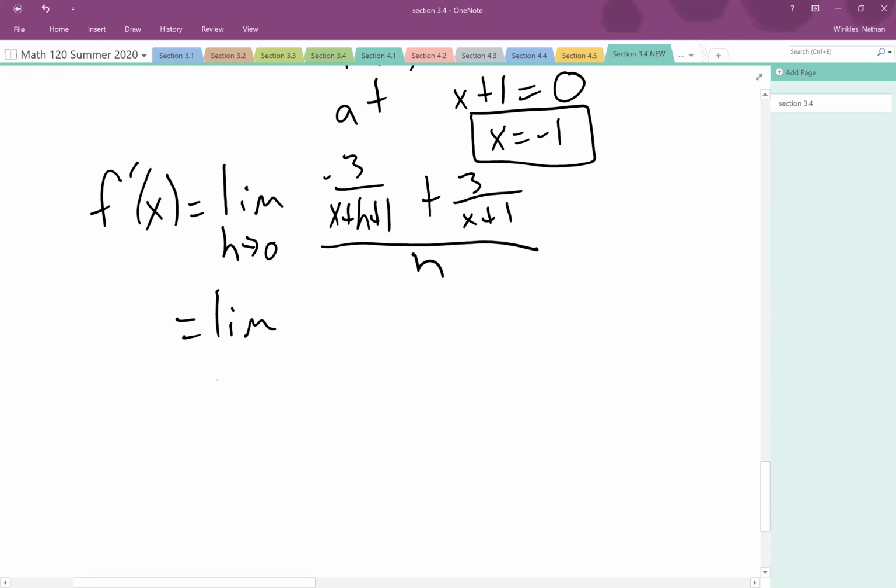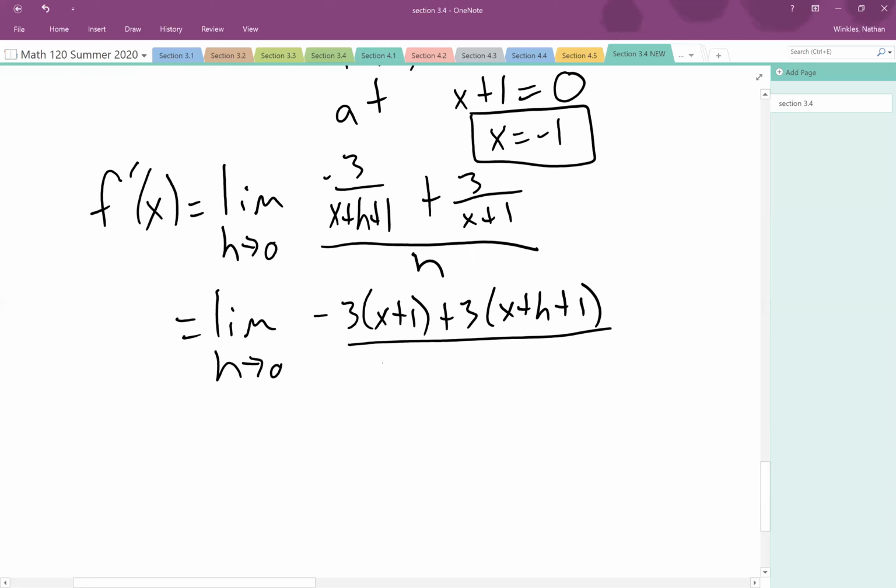We need to get a common denominator, so I'm going to cross multiply: -3 times x plus 1, plus 3 times x plus h plus 1, all over x plus h plus 1 times x plus 1. Since it's a division, we can take this h and just throw it in that denominator, and it's going to be fine.